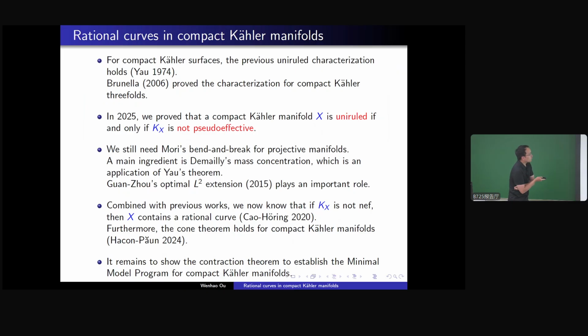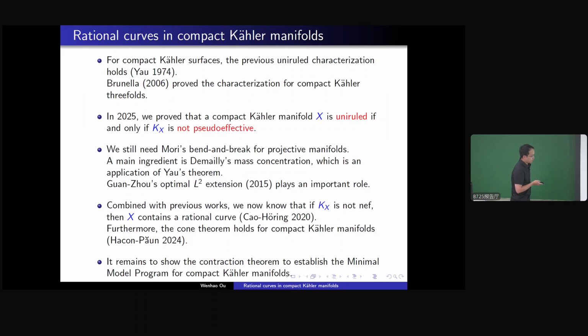Now, combined with previous work, we know that if K_X is not nef for a compact Kaehler manifold, then X contains a rational curve. So Mori's first theorem also holds for compact Kaehler manifolds. This is due to Cao and Höring in 2020. Furthermore, for specialists, the cone theorem also holds for compact Kaehler manifolds.